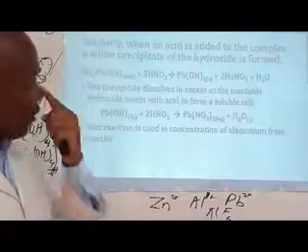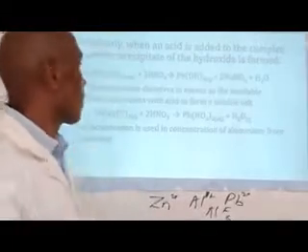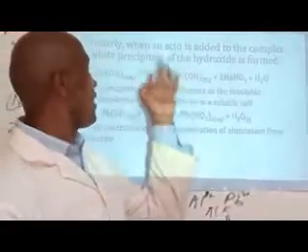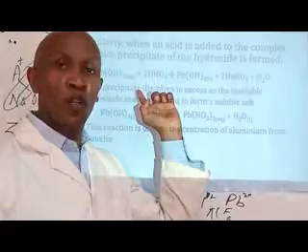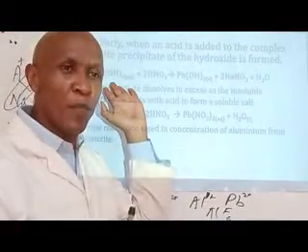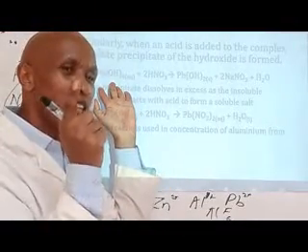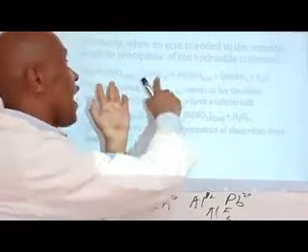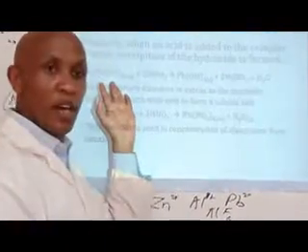Now I want us to note this one thing. If I add an acid to the complexes, what will happen? If I add nitric acid to this complex, why did I get this complex? Because I have excess sodium hydroxide. The acid reacts with excess sodium hydroxide to give us salt and water.